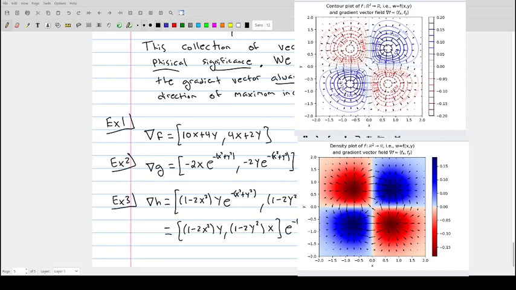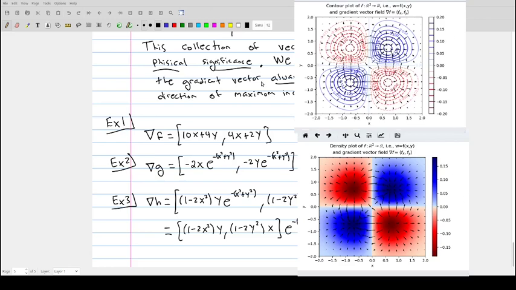The top plot here is a level curve plot. And what you can see on these two plots is that the arrows here, these black arrows, I've plotted the gradient field at every single given point here. So at any given point, say maybe at this point right here, the value of the gradient is pointing uphill.